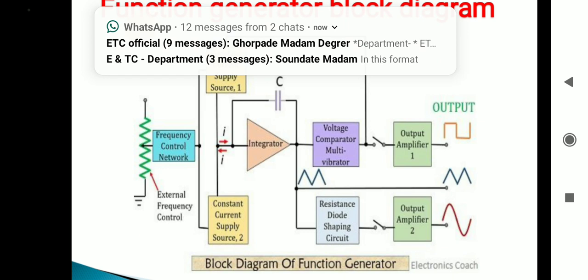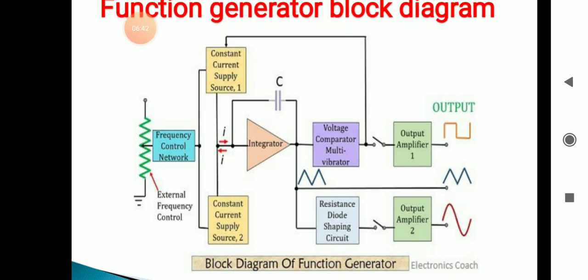Whenever it moves beyond the upper triggering point, the integrator discharges through the capacitor and gives the signal to the feedback line. At that time, the lower constant current source should be on and the upper constant current source should be off.